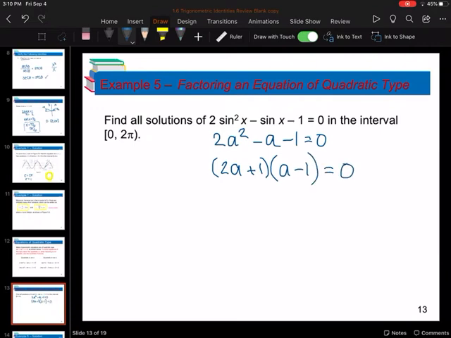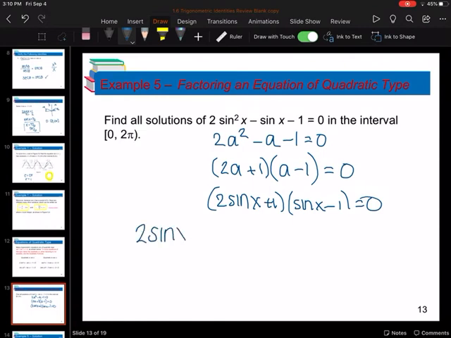But then instead of using the variable a, we're going to use sine. So that's like saying 2 sine x plus 1 times sine x minus 1 is equal to 0. And then in order to solve for x, we're going to set each factor equal to 0 using that zero product property.